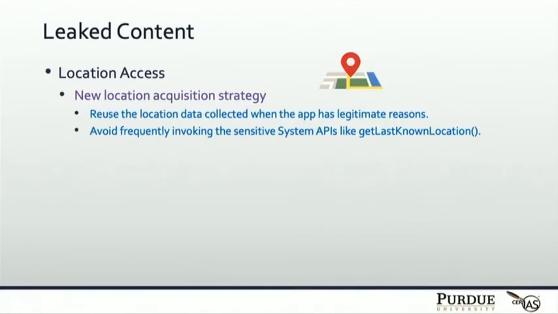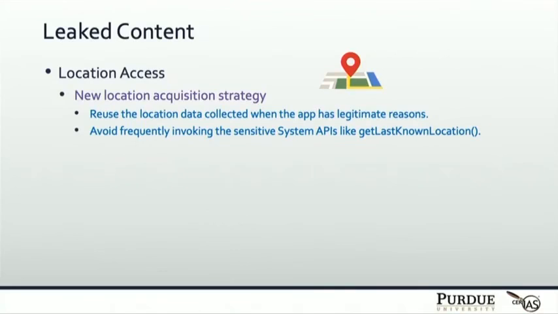Okay, so in terms of the leaked content, we also see there is a new strategy to obtain the user's location-sensitive data. Because of more and more restrictions on accessing GPS location information by the system, the apps tend to first save the location data in a normal or benign usage scenario.